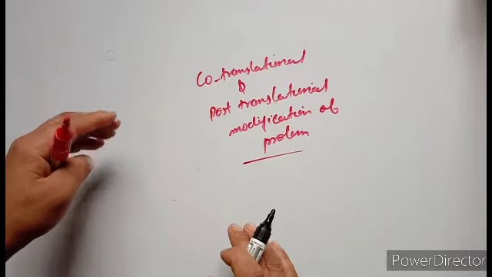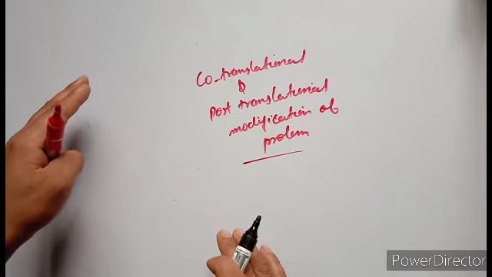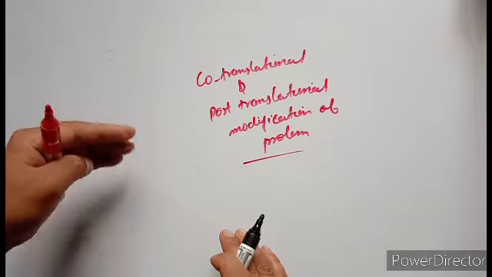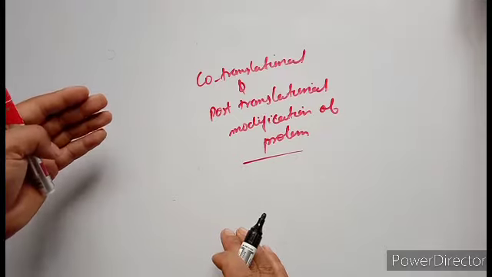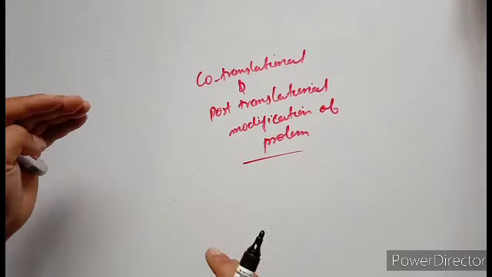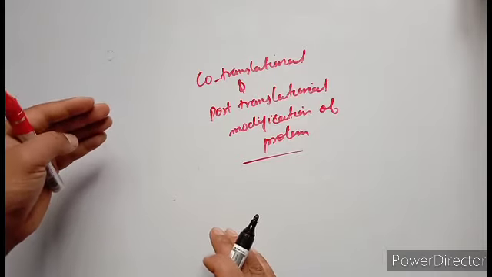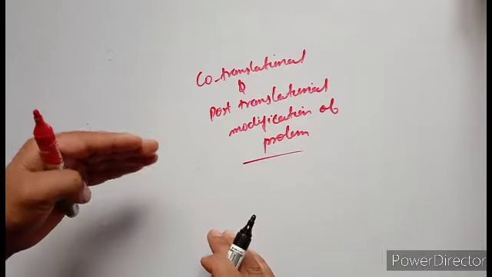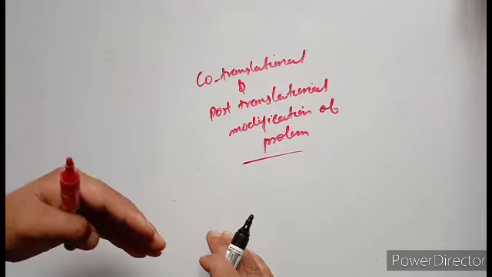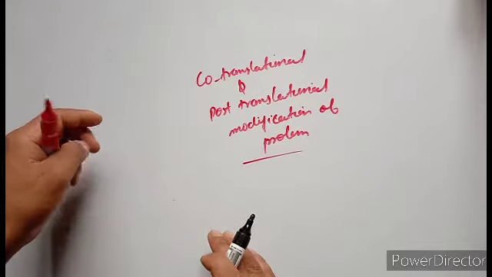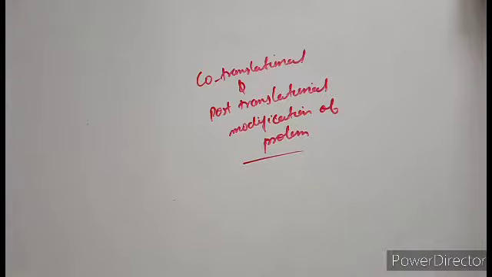There are very important reasons for the modifications, so that the proteins can be transferred to their particular destination and they can be folded properly. So we will discuss one by one.